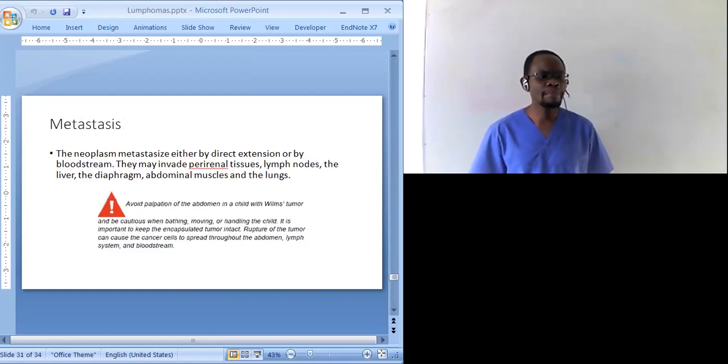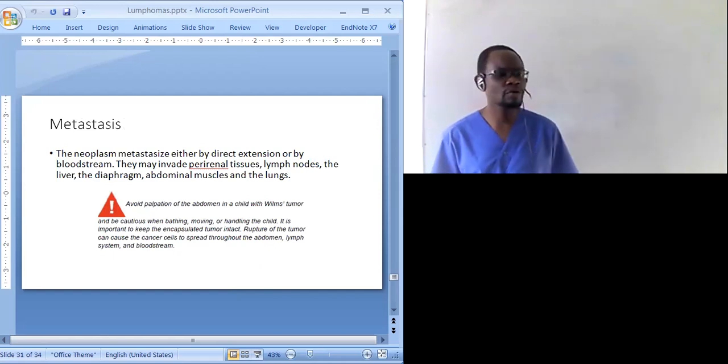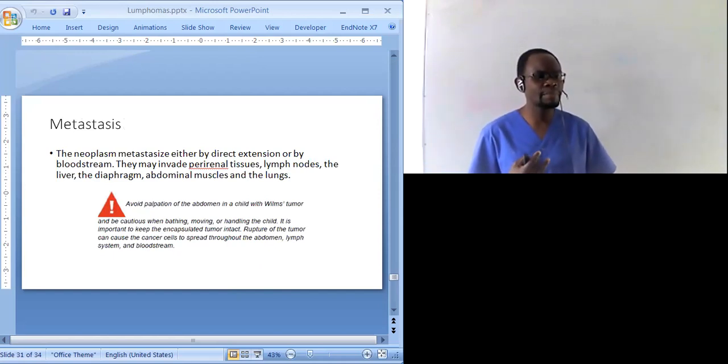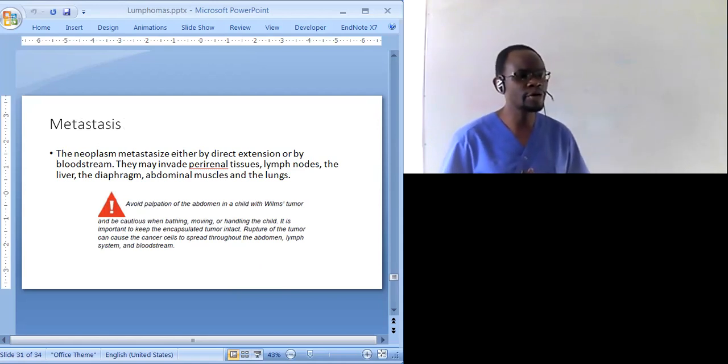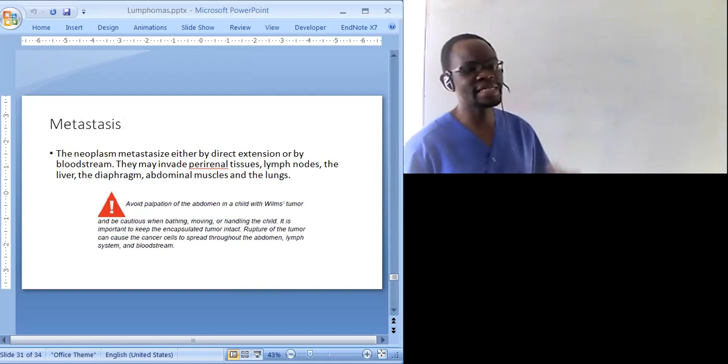All right. As far as metastases are concerned, the neoplasm can metastasize either by direct extension or by bloodstream. They may invade the perirenal tissues, because that is where it is adjacent.